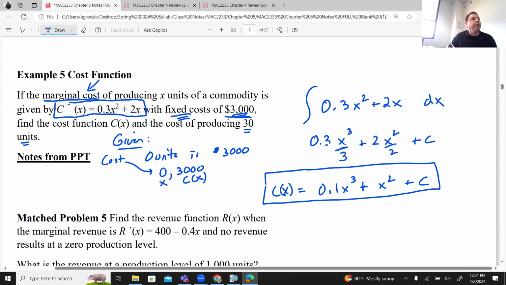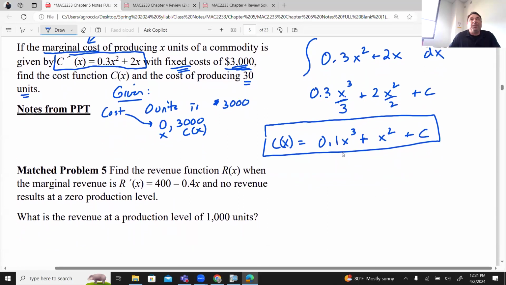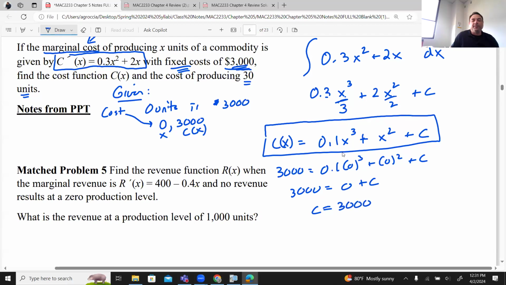They have to give you some information because now I need to figure out what that plus something, the plus C, is. So you know when the cost is 3,000, the number of units is 0. And you can find that something is going to be what? C equals 3,000.